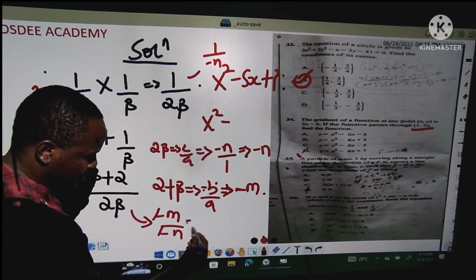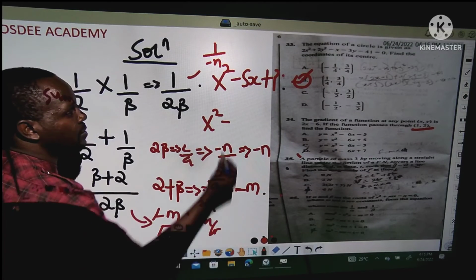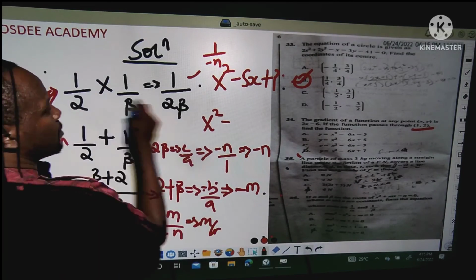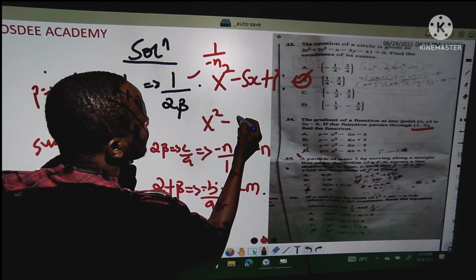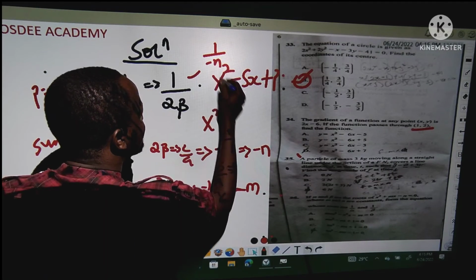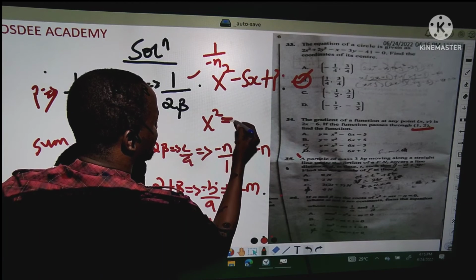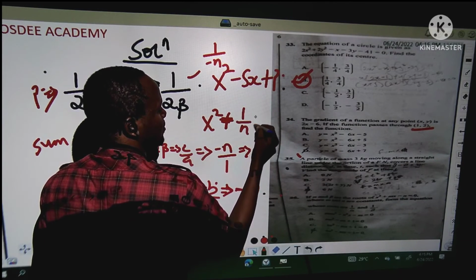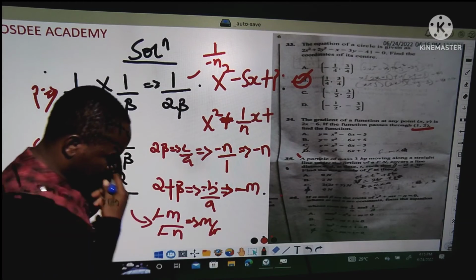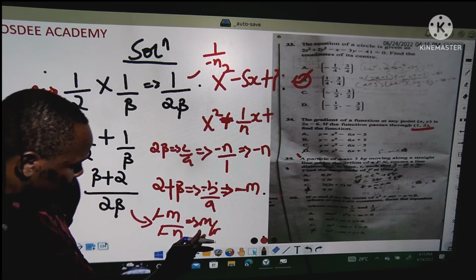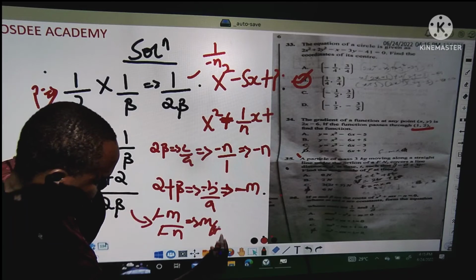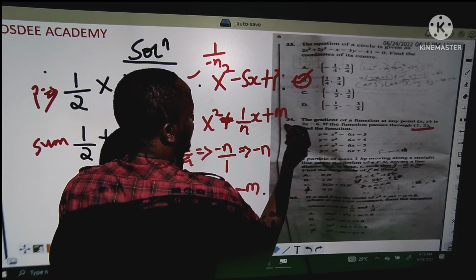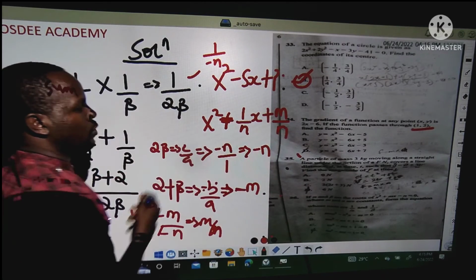The minus gets cancelled out, so the sum is m over n. Substituting, x squared minus m over n x plus the product, which is minus 1 over n. Turning the sign, this is 1 over n times x squared plus... so you know what to do there.